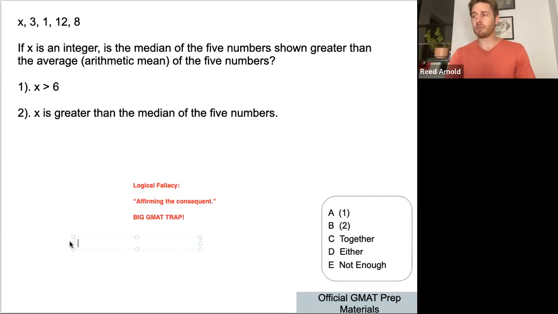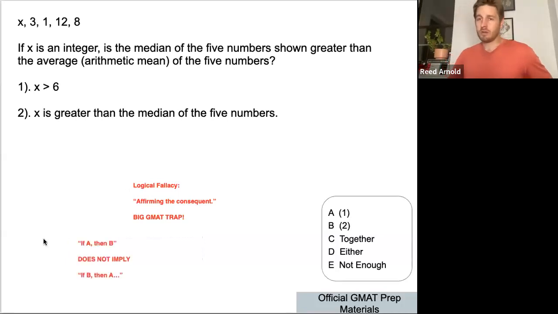Affirming the consequent is where you take something you know is true, for instance, if A, then B. If you know that general rule is true, where knowing A lets you know B, the trap is to reverse it and say, oh, well, if B, then A. If you know A, then B, you don't always know B, then A. Sometimes it works both ways, but not always.